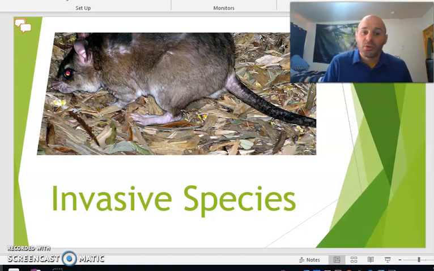They're also too large for most of the predators on the island to eat as their food. So in a short amount of time, a lot of these rats are spreading over the whole island. So what do you think would happen to the other living things on that island? Pause the video and think about what are some impacts that those rats would have on the ecosystem of the island.